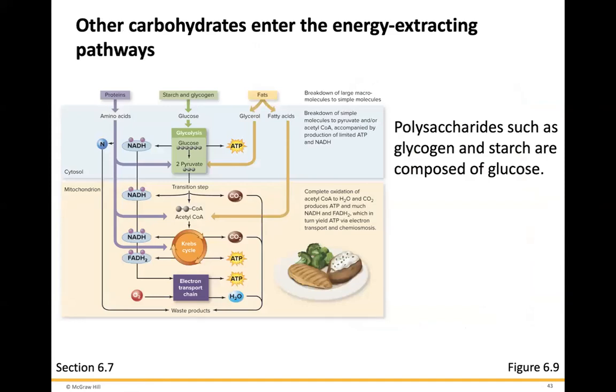Other carbohydrates can also enter the energy extracting pathways. Polysaccharides such as glycogen and starch are essentially composed of glucose. You can also break down things like fats and proteins. The breakdown of simple molecules to pyruvate and acetyl-CoA is going to be accompanied by the production of limited ATP and NADH.